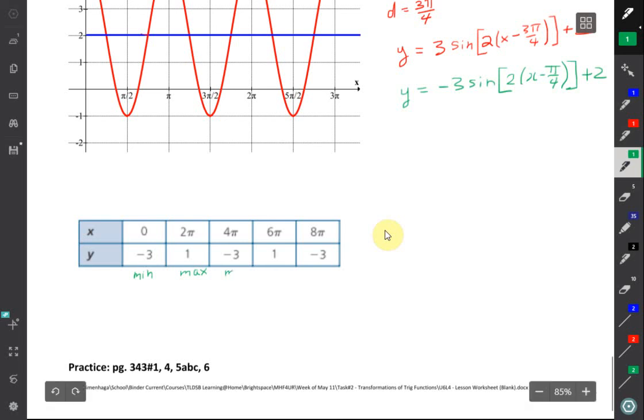Then we're going back to minimum again. There's the period. So the period is 4 pi. So knowing that the period is 4 pi, then my k value is equal to 2 pi over 4 pi. So that leaves me with 1/2 as my k value. This is a horizontal stretch by a factor of 2.